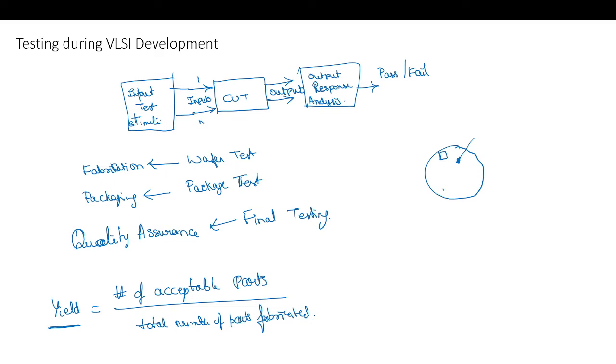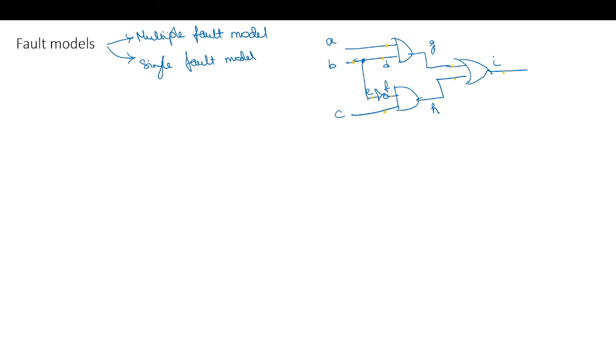Okay, thank you. Yes. So now if I consider just this as one of the logic level circuits, we can see that the possible fault sites are 1, 2, 3, 4, 5, 6, 7, 8, and 9. So there are a total of 9 possible fault sites.